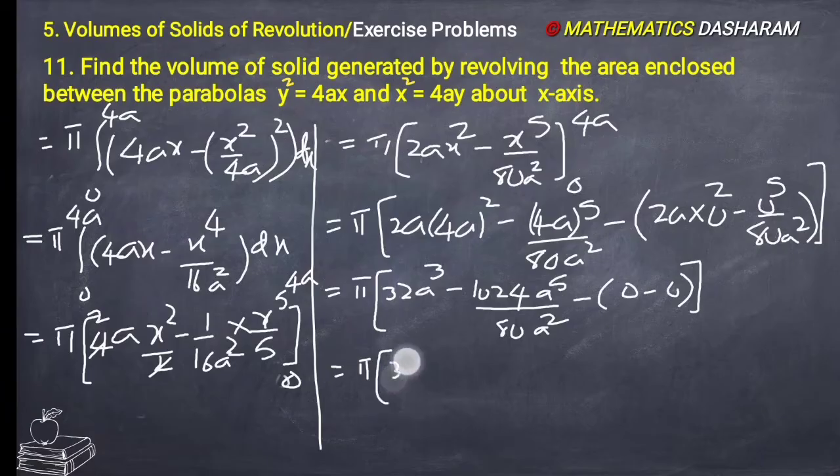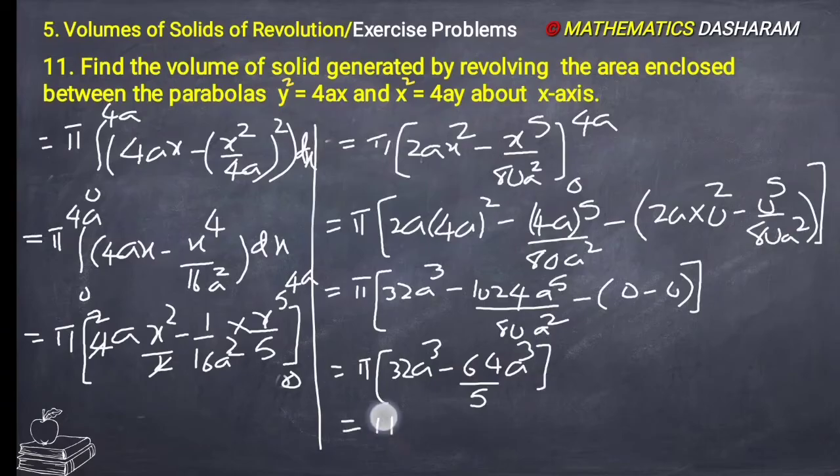Then it is equals to pi bracket of 32a cubed minus, so here 80 and 1024 is 64 by 5, and a to the power of 5 by a squared is a cubed.